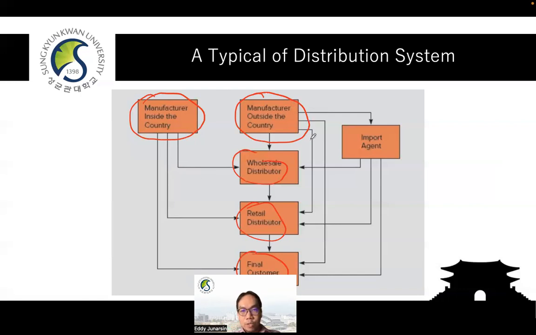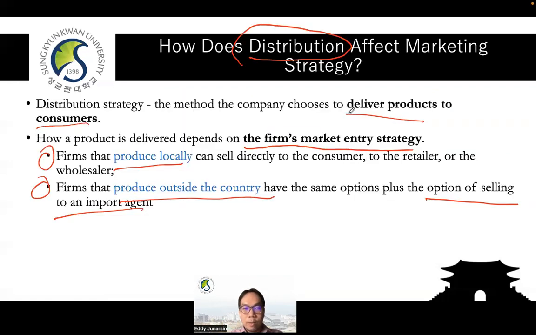Of course we could still sell directly to your customers, to retailers, to wholesalers, but you could also establish an import agency, for example in China. So you import from your factories outside that country, and then you sell it from the import agent that you have established. So it's quite easy to imagine. There are a lot of choices nowadays. You could combine these strategies as well.